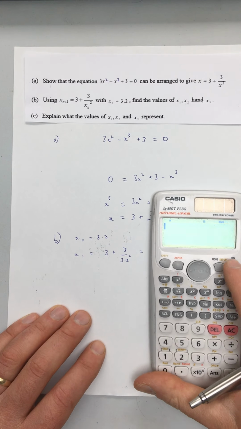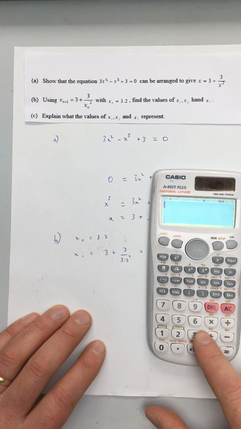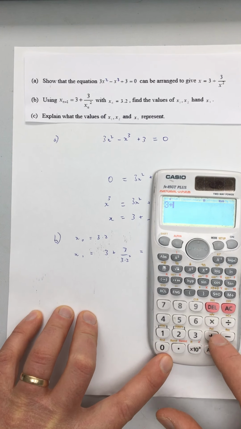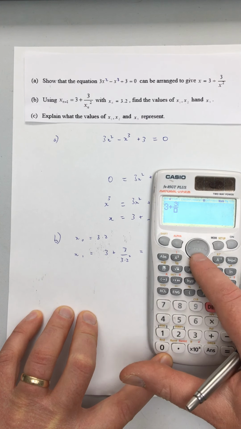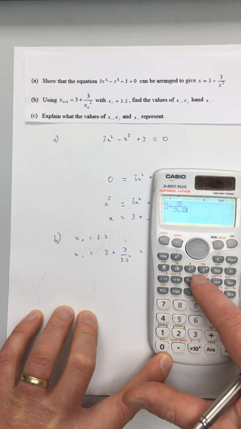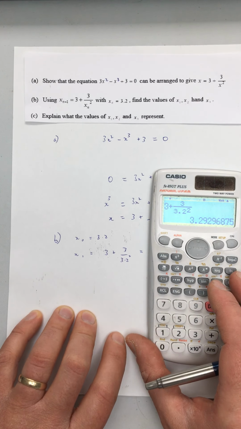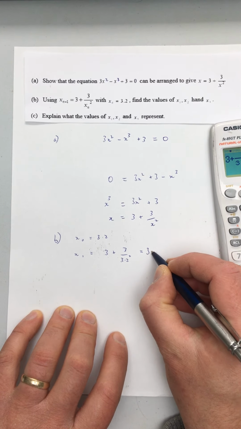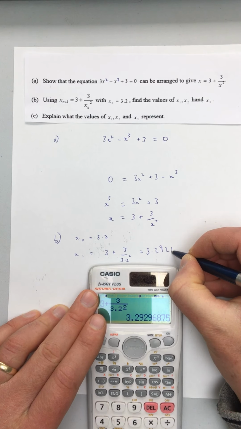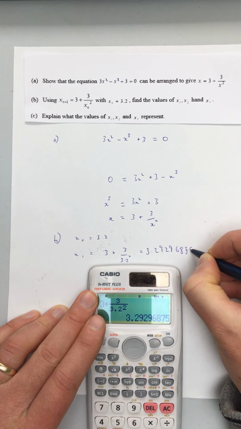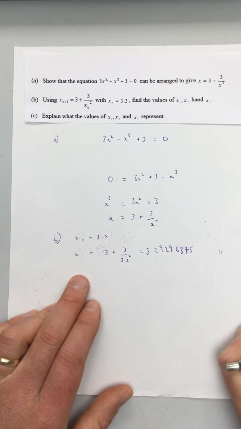Okay, so x1 is 3 plus, put in a fraction, 3 over 3.2 squared, which gives me 3.292968. I'm going to write all these figures down: 3.29296875. Now that becomes the one that I put into the equation next.